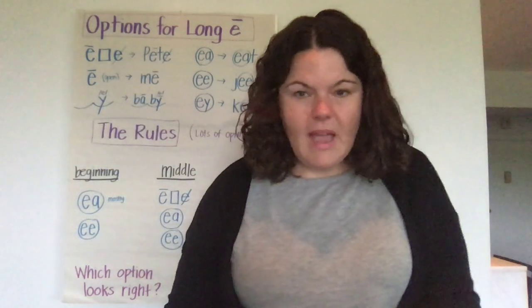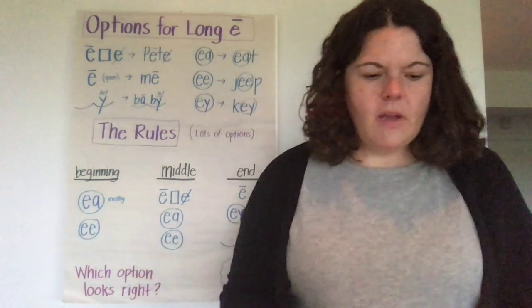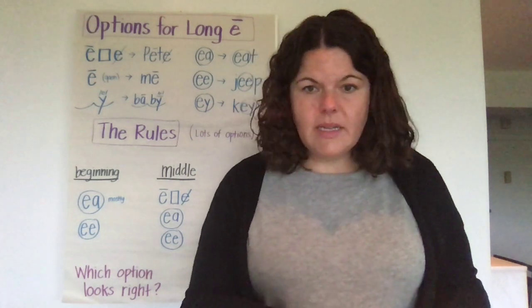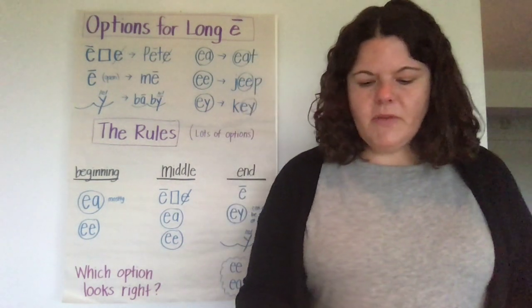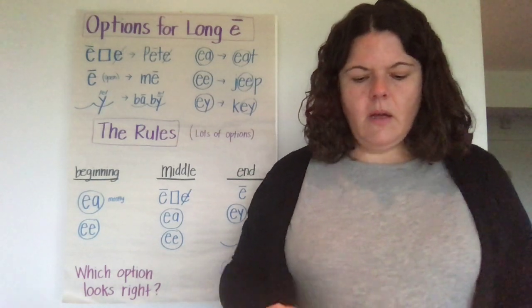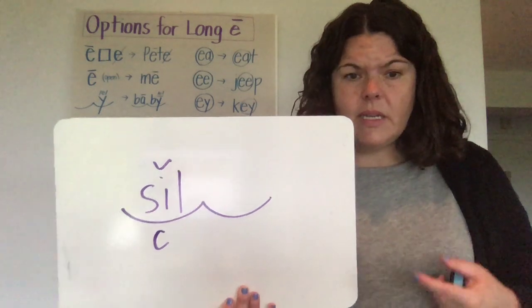All right. Now let's do 3 more 2-syllable words. So this time we're going to do silly. Silly. Now remember, when you have a 2-syllable word, you do not double the first syllable like you would have normally done. Silly.